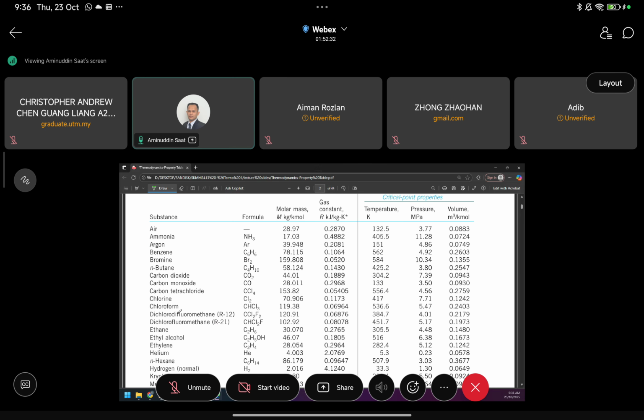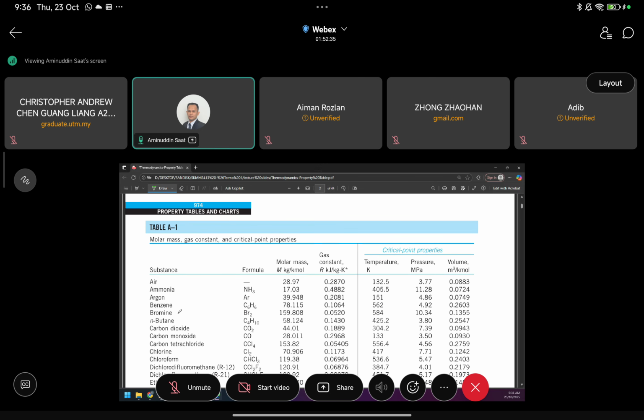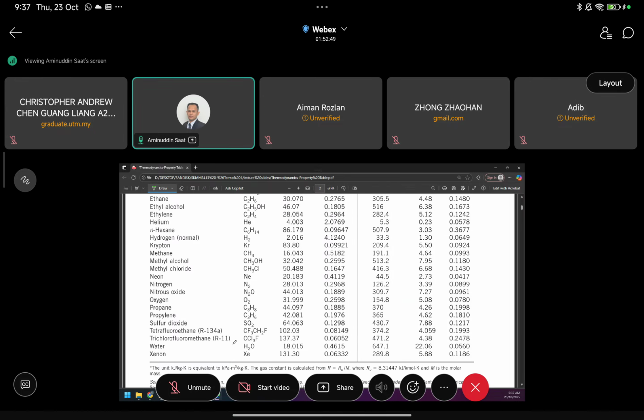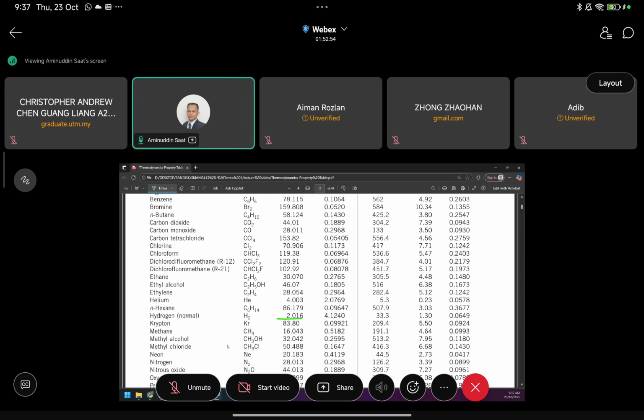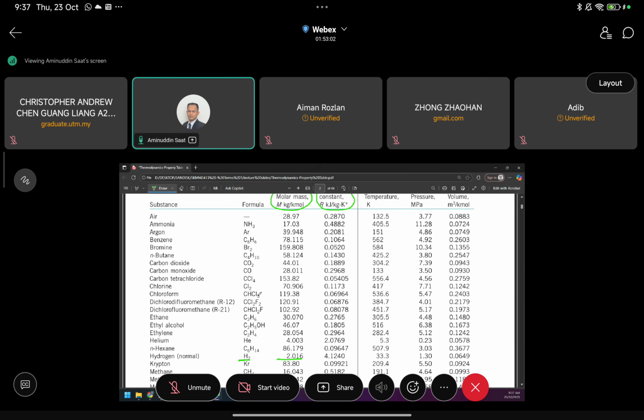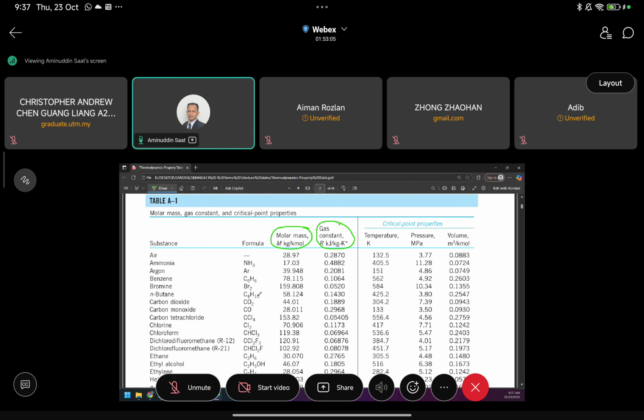Here is the gas constant and this is the molar mass, the molecular weight of the gas. For hydrogen, it should be 1. Oh, sorry, 2. Why 2? Because of H2. It's 1 if it's only hydrogen, but for the gas hydrogen, it's 2. 2.016 to be accurate. So this is the molar mass, this is the gas constant.